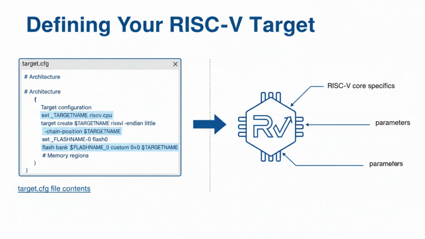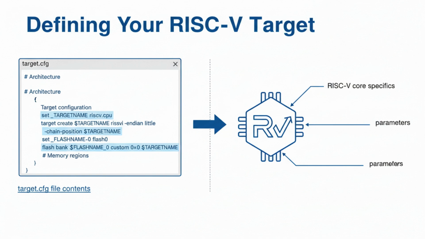Once the adapter is configured, the next step is to define your RISC-V target microcontroller in the target.cfg file. This file specifies the core architecture, memory layout, and how to program its flash. You typically start by setting a target name. For instance, set _TARGETNAME riscv.cpu.